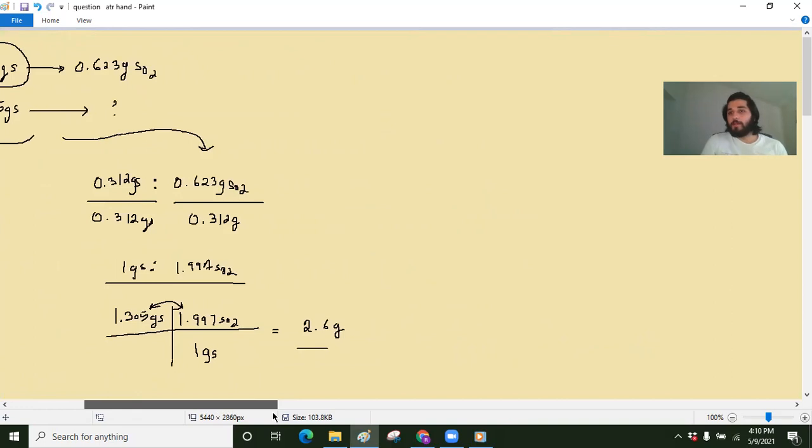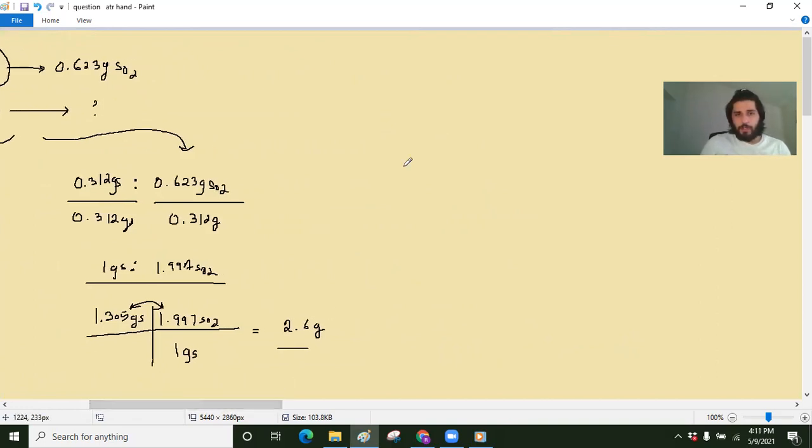If we're on the topic of proportions, let's go full scope here. We know that 0.312 grams of sulfur makes 0.623 grams of sulfur dioxide. And the idea here is to set up a proportion with the first and second situation. And of course, this is interchangeable.